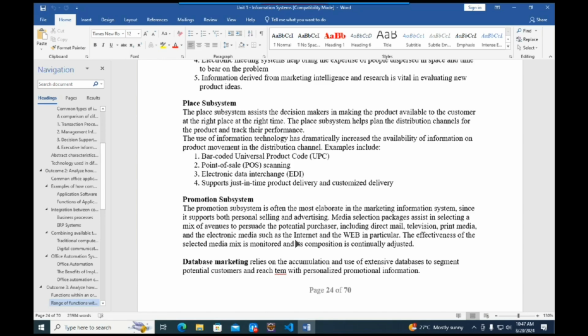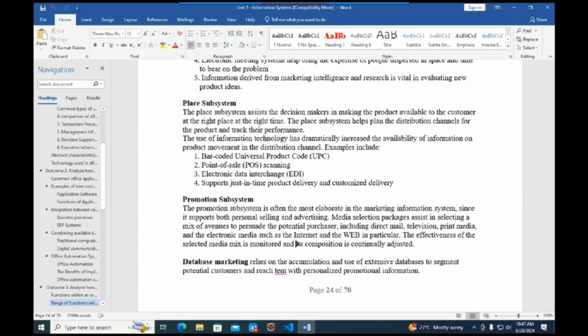Then we have the promotion subsystem. The promotion subsystem is often the most elaborate in the marketing information system, because it supports both personal selling and advertising.